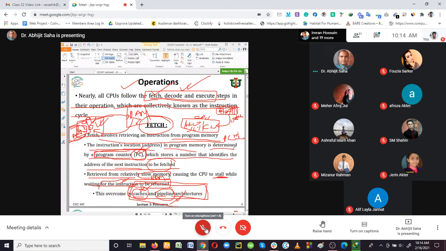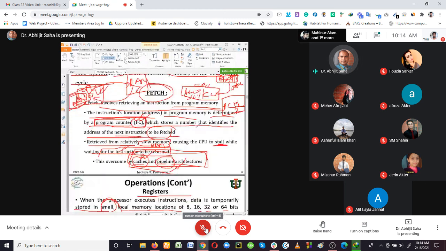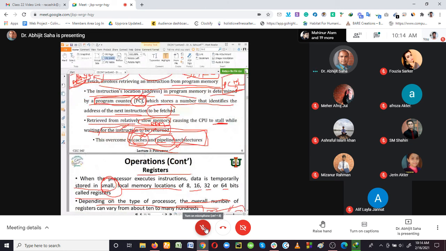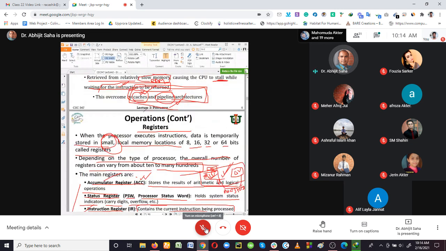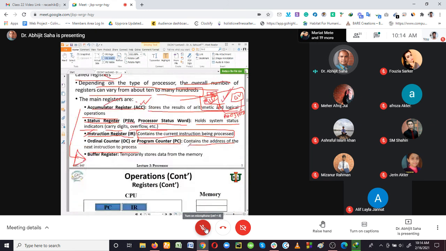The next who will come is serial number 2, and it keeps that address. So this is what the program counter is: who will come next. Currently the operation is in execution, so who comes next? That instruction address, that memory location address, is kept in the program counter register. That is why it is said that it contains the address of the next instruction to be processed. Okay, so this is my program counter.